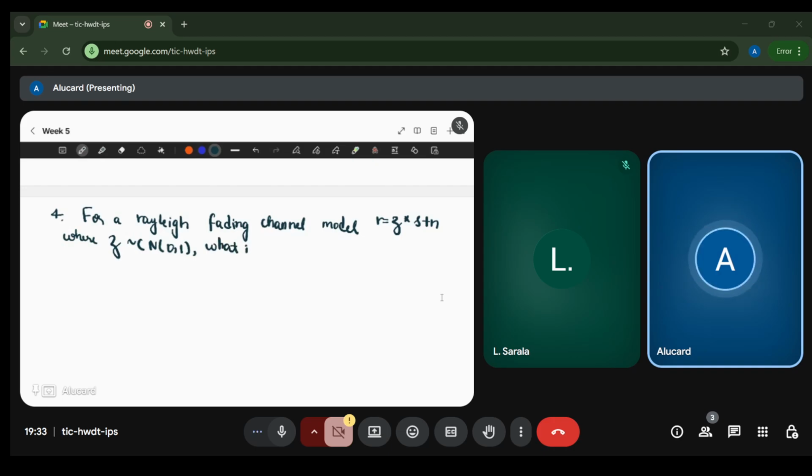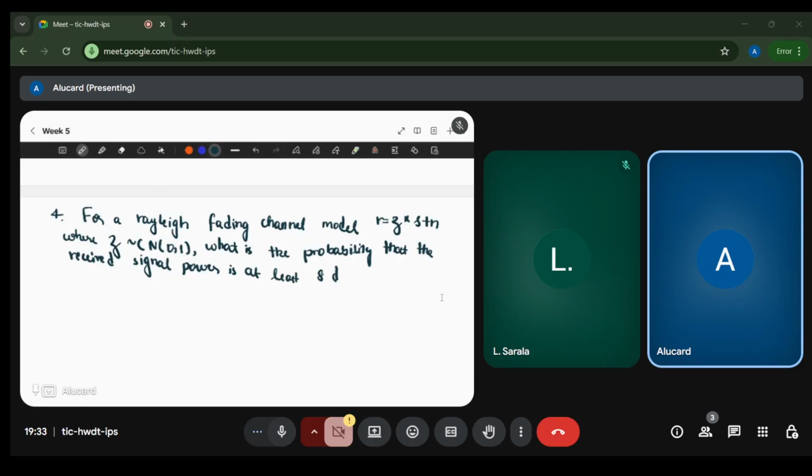What is the probability that the received signal power is at least 8 dB below the mean power?